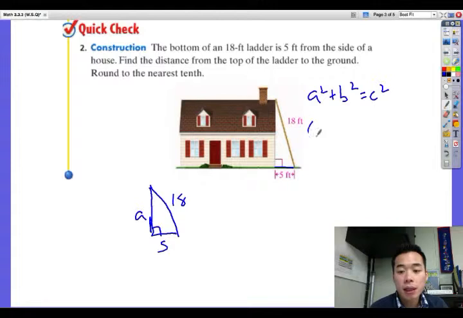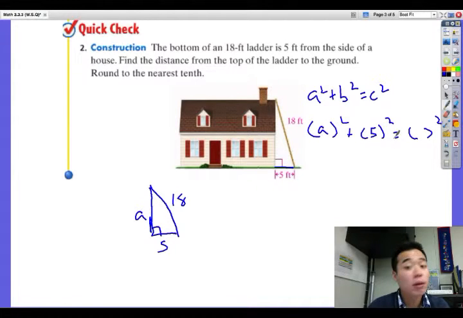I'm going to put in my automatic template, which is parentheses, get rid of the letters and just parentheses, and I get parentheses squared plus parentheses squared is equal to parentheses squared. Put in what they give me. b is 5. The ladder is the diagonal. I know that's the hypotenuse, so that's 18.